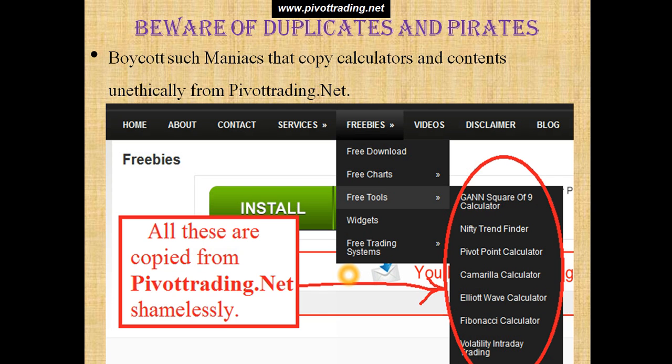I have taken a screenshot of one of these websites which have copied the contents, and all these calculators have been copied from my website. Those who understand JavaScript, he has copied all the JavaScript code from my website, silently came to my website and copied all that JavaScript code and put it on his particular website.